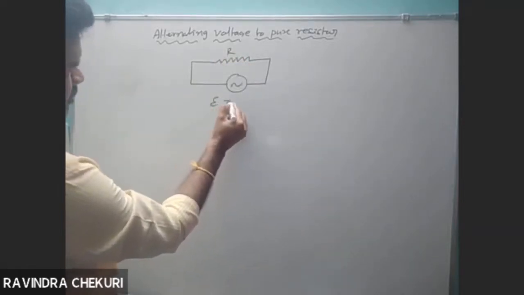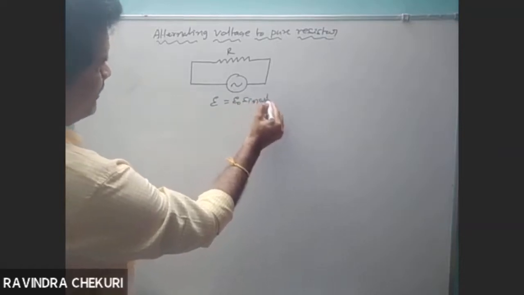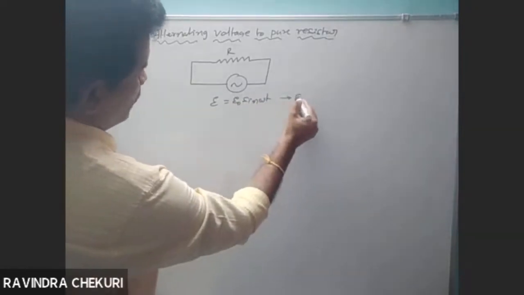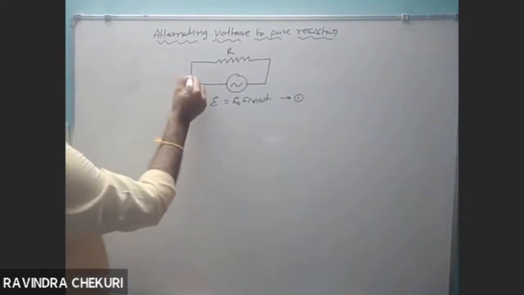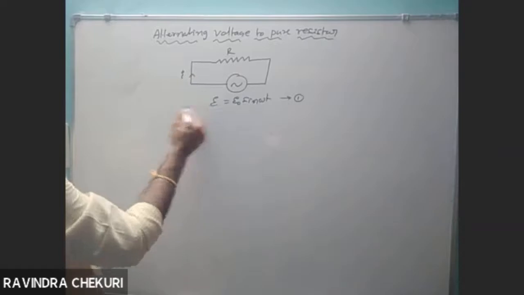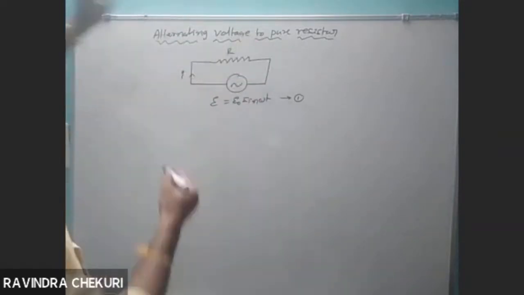The applied EMF E is equal to E0 sin omega t. This is the applied voltage. So what is the current through the resistor? According to Ohm's law, what is the net resistance in the circuit?